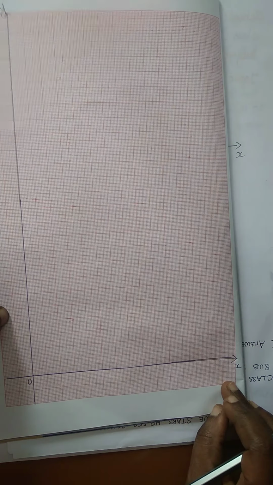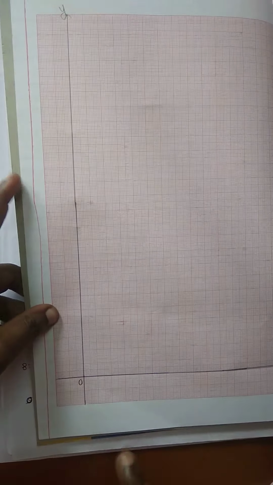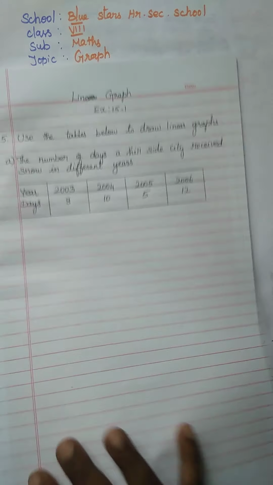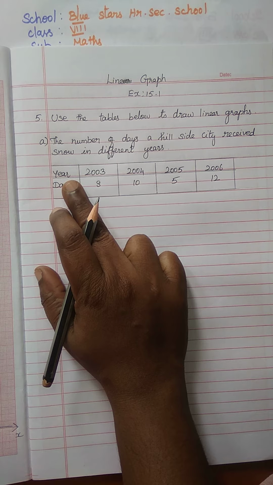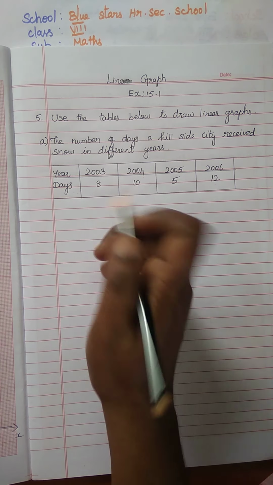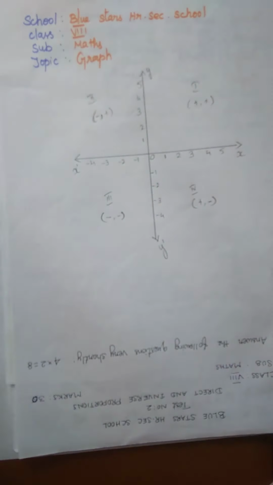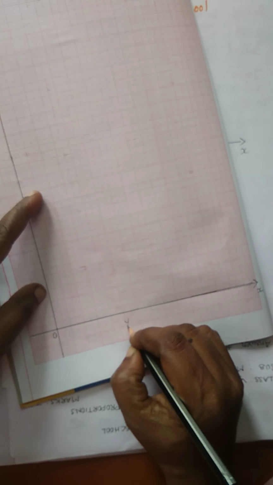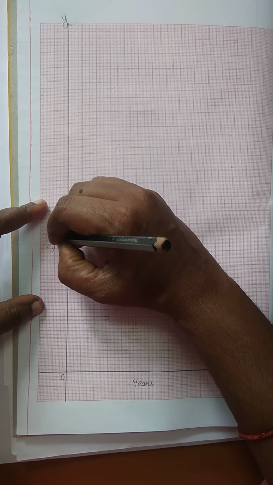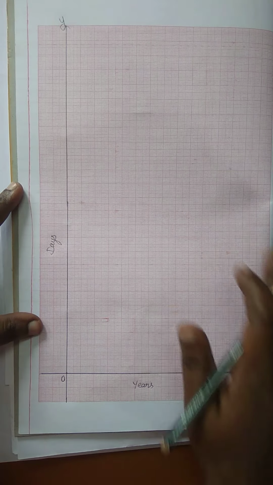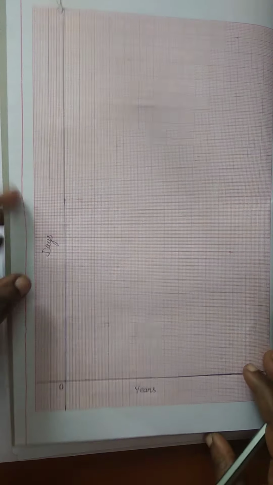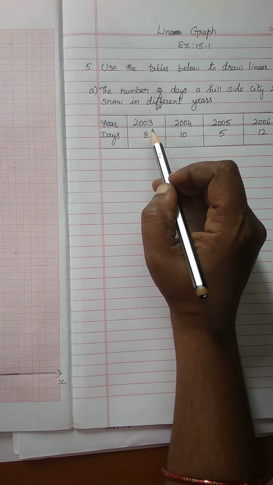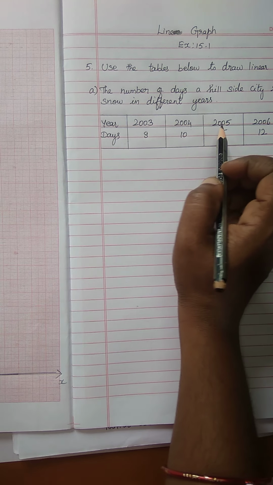Write here x-axis, here y-axis, this point is 0. Now on the x-axis we mark the years, and days on the y-axis. So write here years, here days. See what years are given: 2003, 4, 5 and 6.